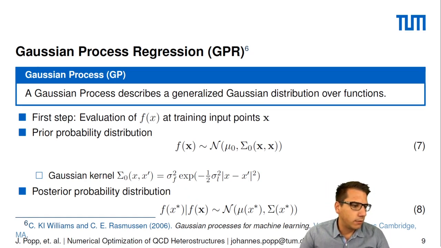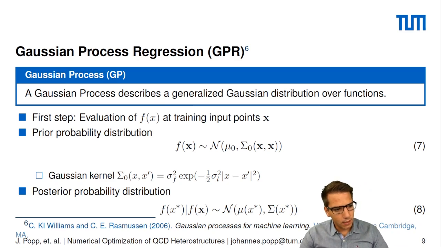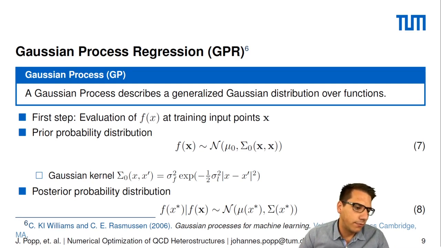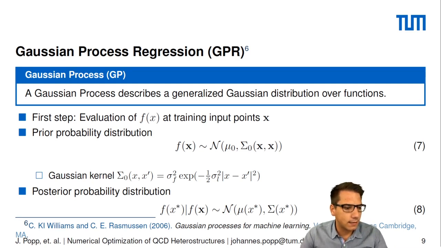We used here a Gaussian kernel, and by conditioning the joint Gaussian prior distribution on the observations, we can extract the posterior probability distribution, and from this the new function values f for test input points x asterisk can be sampled.